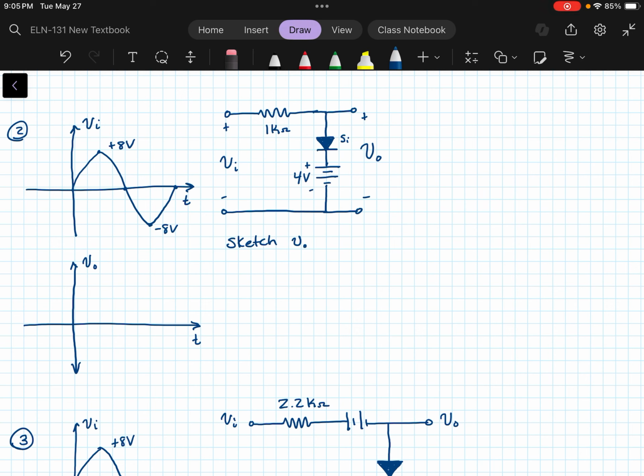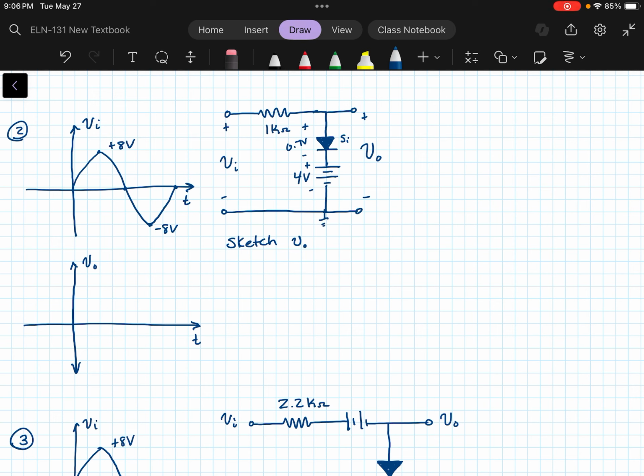So what we need to do again is identify when in our input waveform that diode would be on. Again, remember it's a silicon diode, and we need 0.7 volts from the anode to the cathode side. So when would it be on? Let's say this is ground down here.